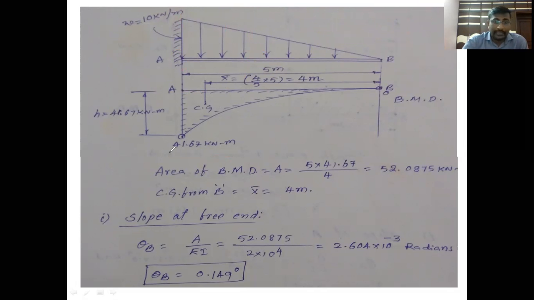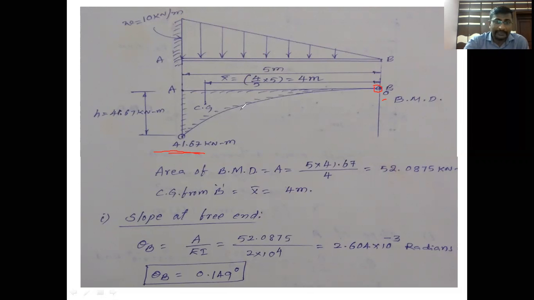After calculating the bending moment values, we can draw the bending moment diagram. Draw a vertical line from B and A, draw a baseline for the bending moment diagram, and locate the bending moment values. 0 means on the baseline, and minus 41.67 kilonewton meter means below the baseline at point A. Join this 41.67 value to the 0 value.